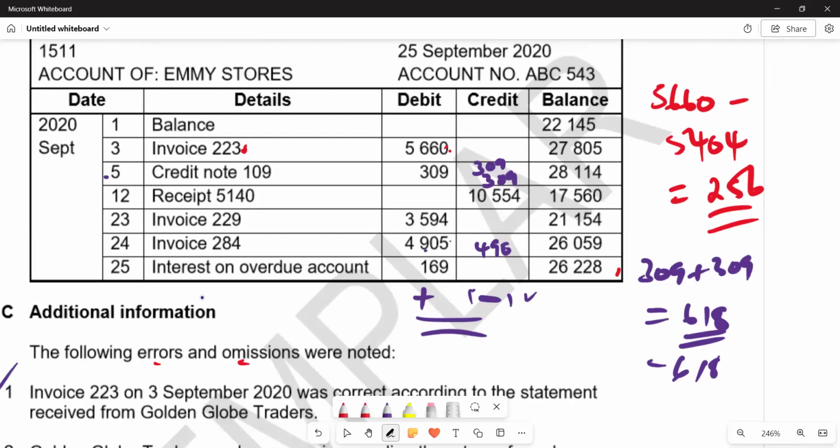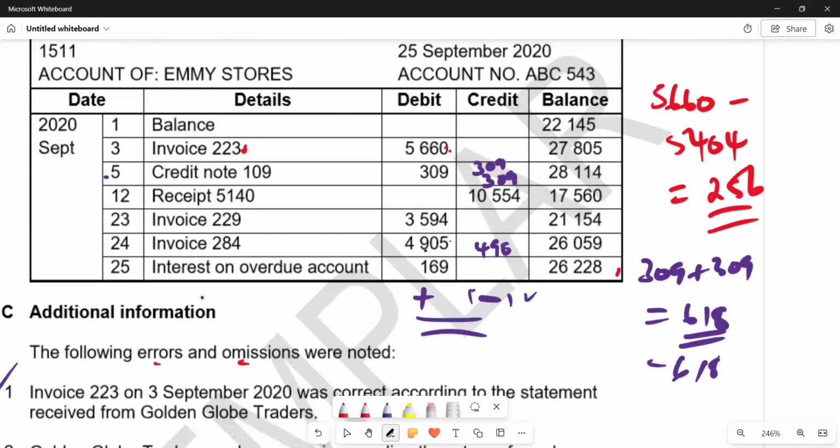And we know that when it's on the credit side, it's a plus. So we are going to indicate as such on the answer section. So we come here, and we are going to say in the ledger, we are going to have a plus 169. And then obviously there's a 0 there.